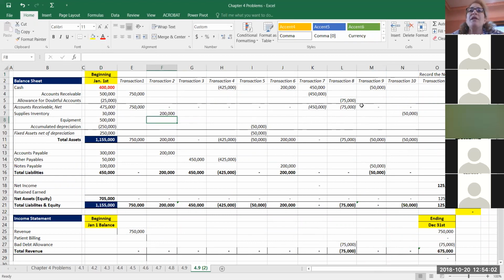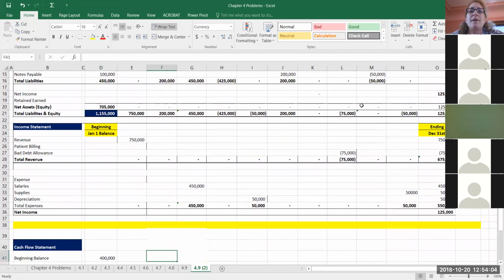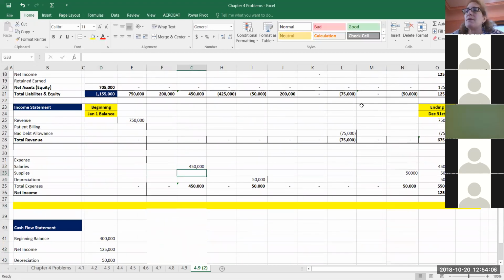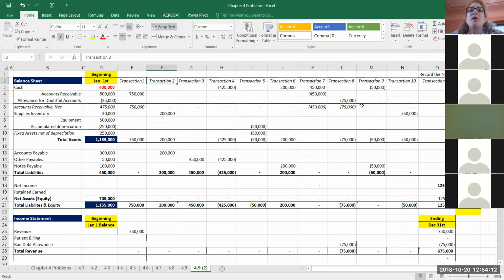So the only thing that hit our P&L on our supplies inventory was our usage of the inventory. But we know that we received assets, right, for $200,000. And that we owe the money, okay?